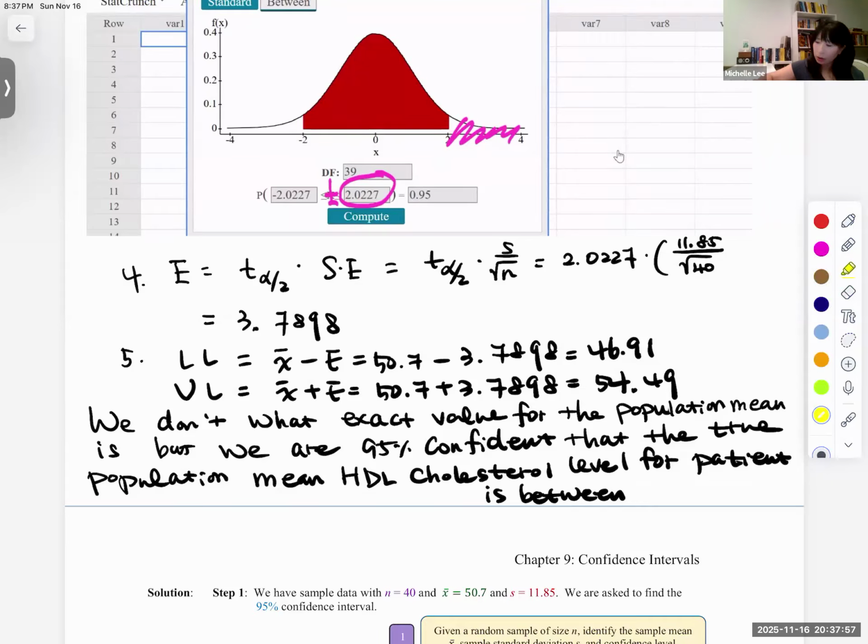This is a mean. So it is between 46.91 and 54.49, and we can add the unit, milligrams per deciliter. Makes sense? Very good.